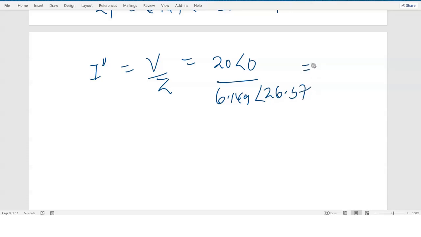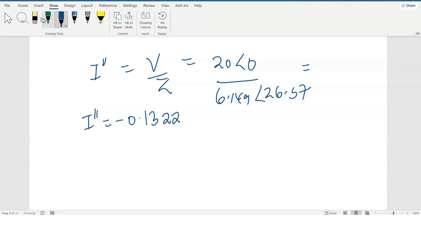So we have 20 at an angle of 0 divided by 6.149 at an angle of 26.57.